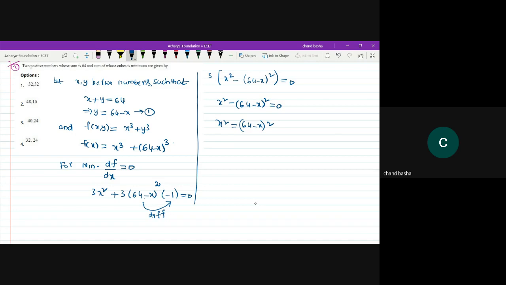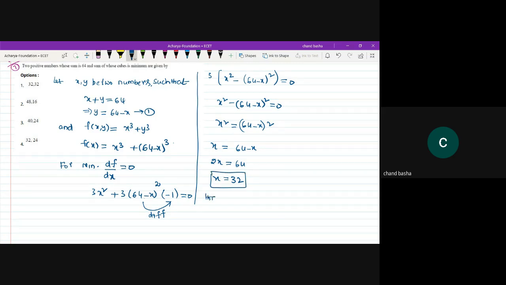You will get plus or minus. So from this, x is equal to 64 minus x, 2x is equal to 64, x is equal to 32.